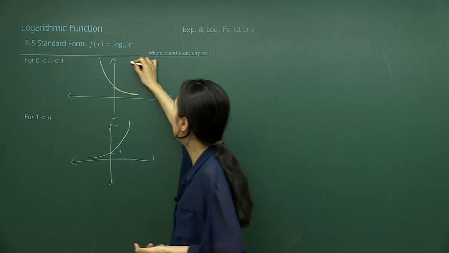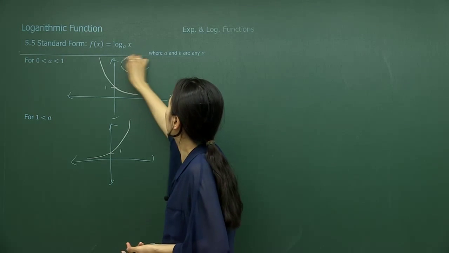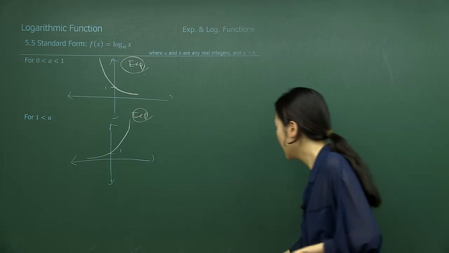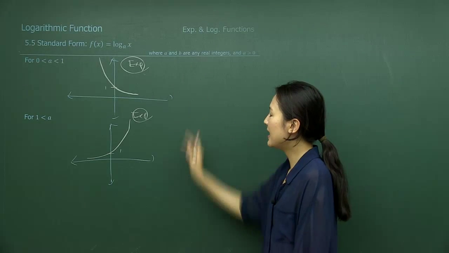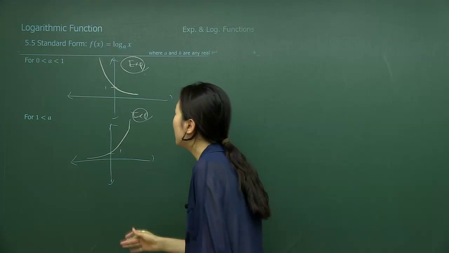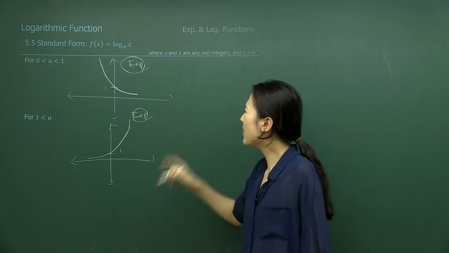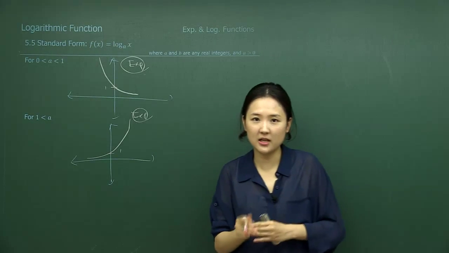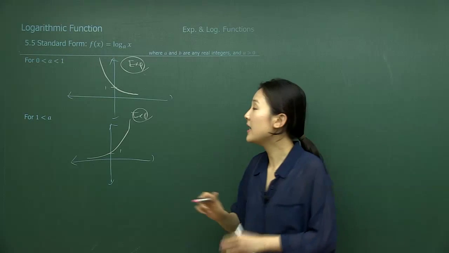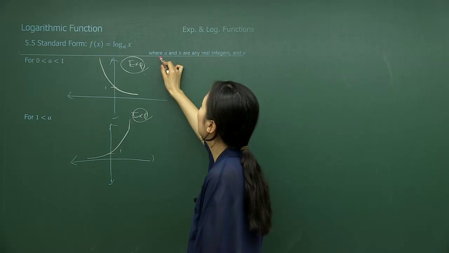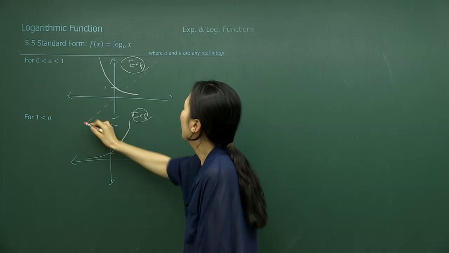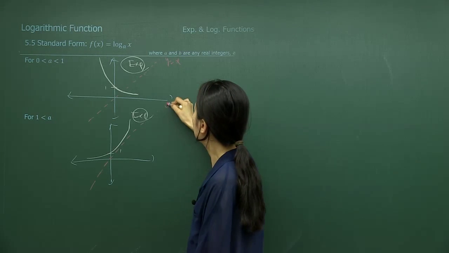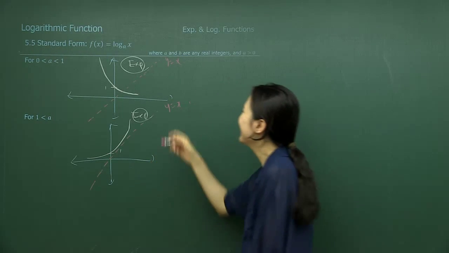So if this was the exponential, since this is the inverse of log, remember the relationship between the graphs of a function and its inverse function? It had a special symmetry about y equals x. Please memorize them. All right.